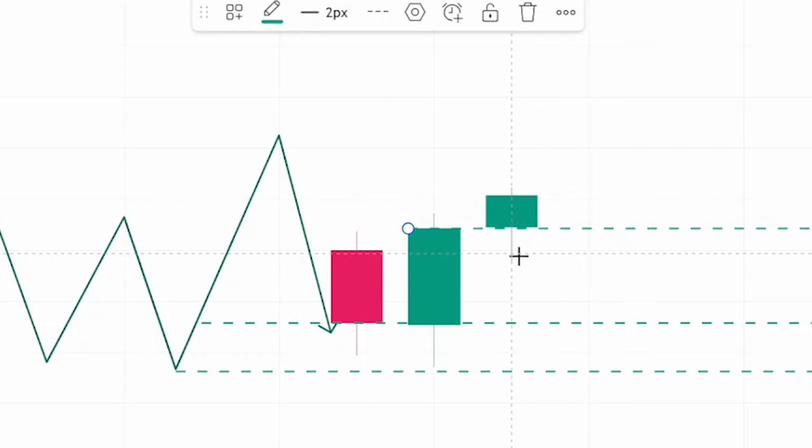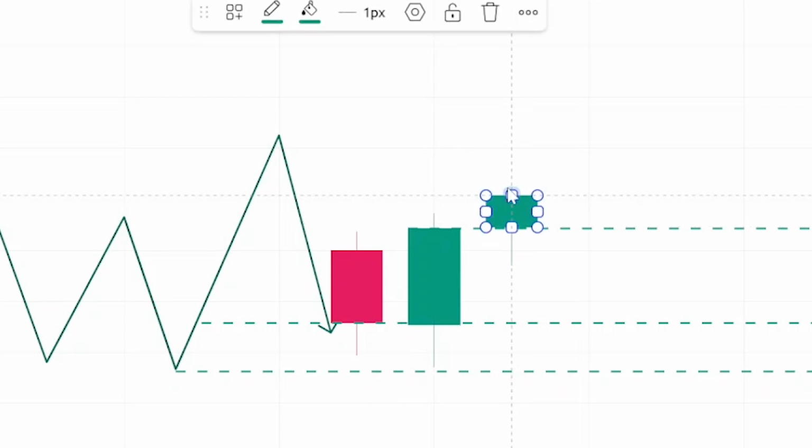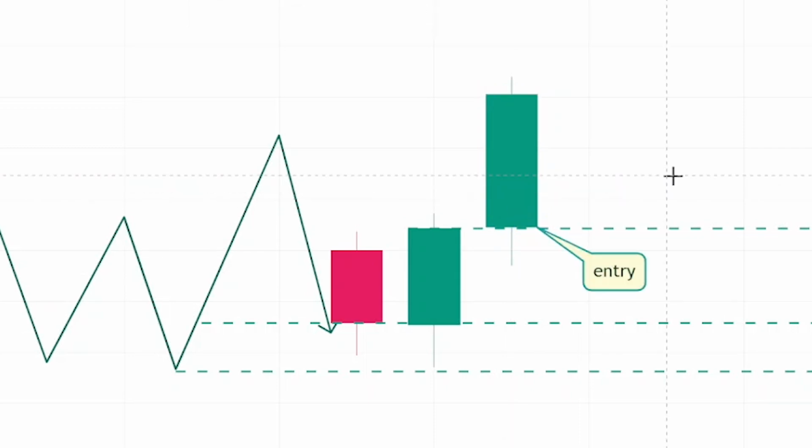So we first made a low with this low wick on the bottom of this candle. After that, we are expecting the market to break above the high of the previous bullish engulfing. Then we can be confident that the market will continue in the upside. And this is our entry for buy.